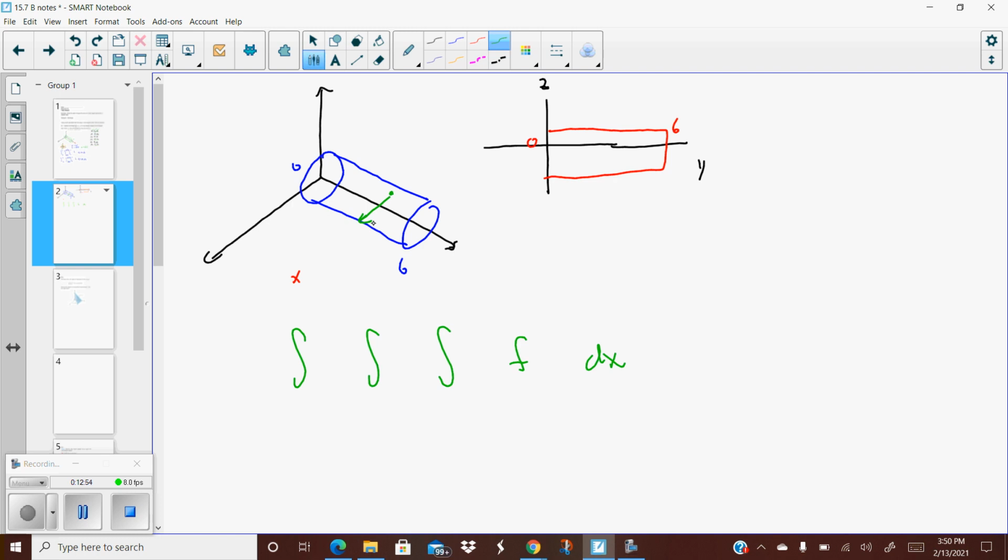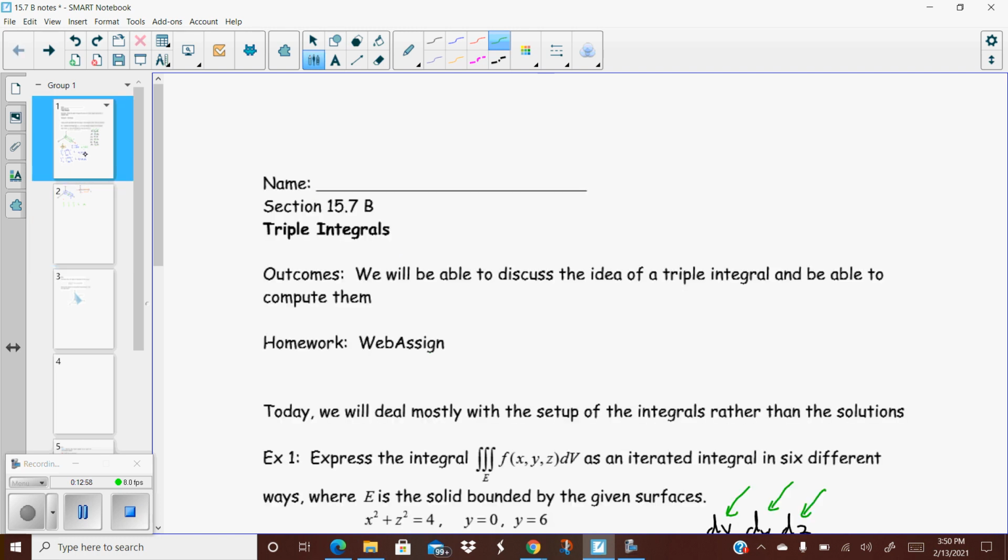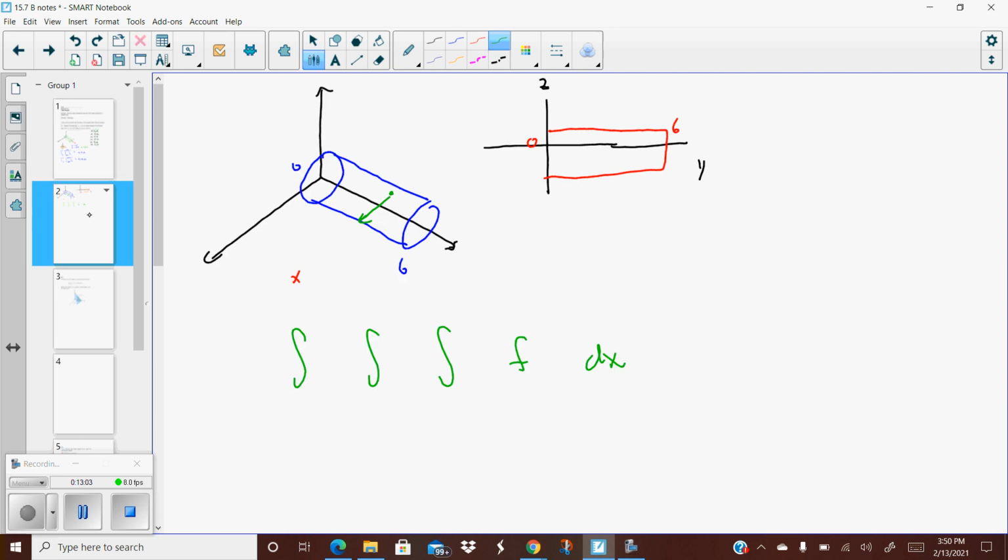Okay, and then we can actually go back and take a look at the function of the cylinder, which was x squared plus z squared equals 4. I should probably copy that up here. x squared plus z squared equals 4.